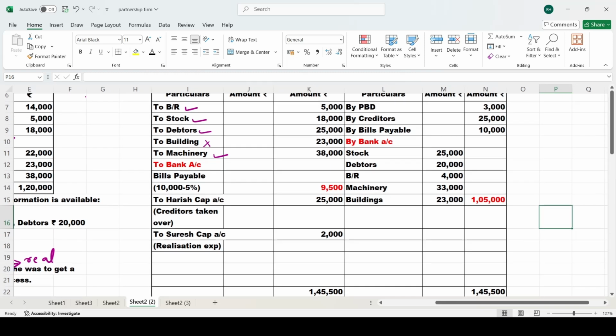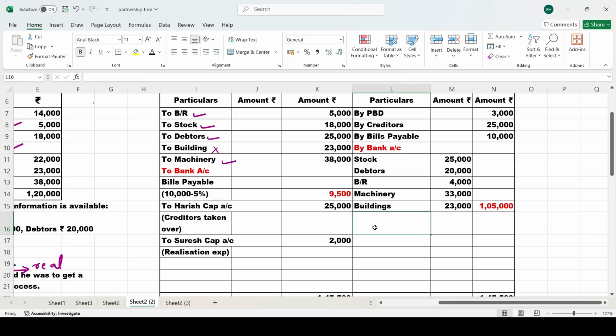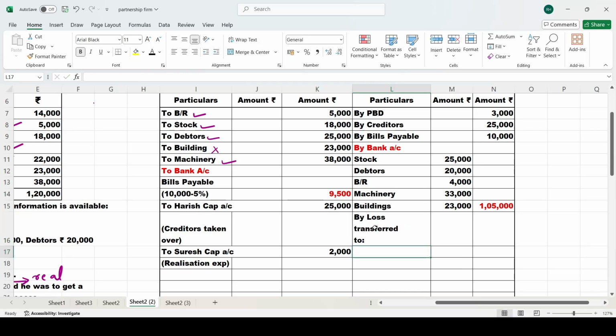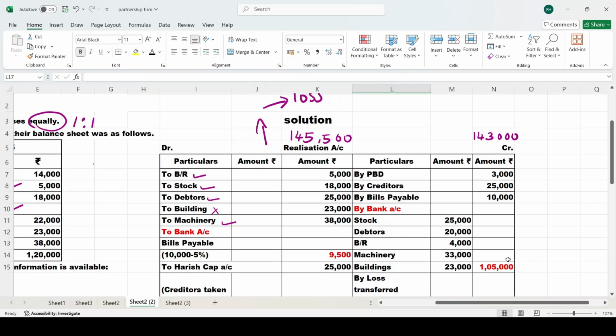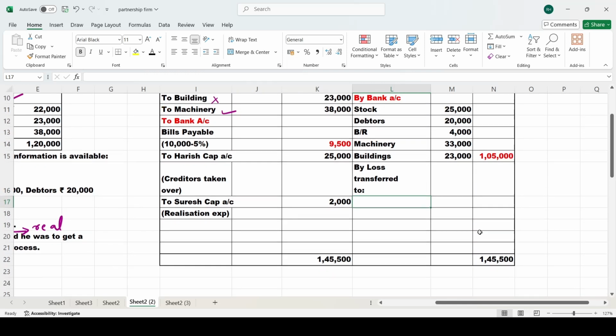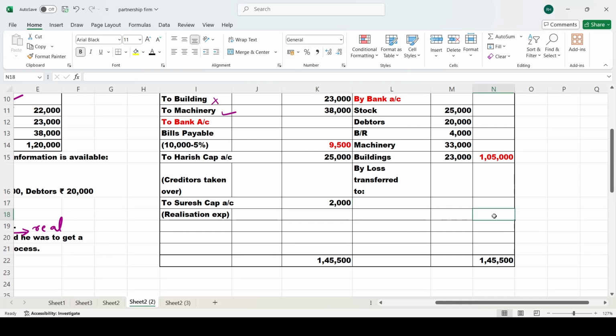Now we have a loss that will be distributed to the partners: loss transferred to, who are the partners? First we'll calculate the loss. 1,45,500 minus 1,43,000, which comes to what is the loss we have incurred? That is 2,500 rupees. Now this 2,500 will be transferred to these people.